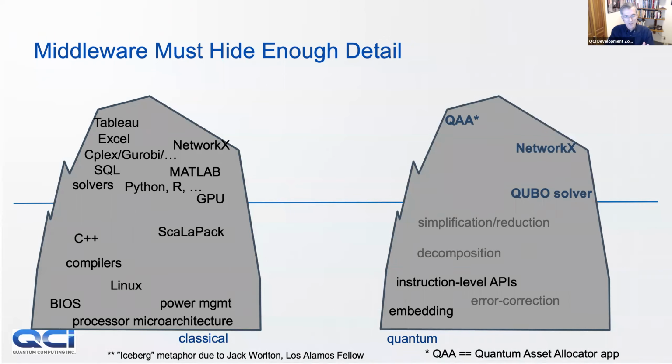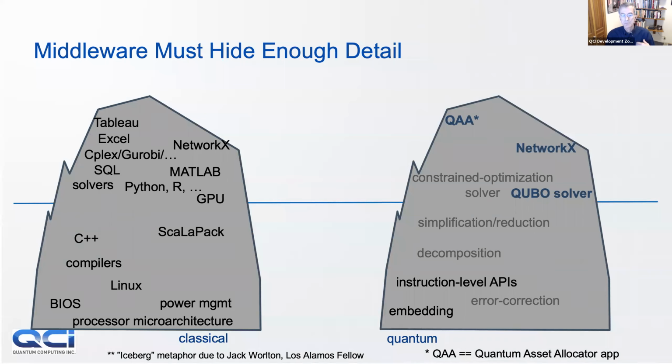You know, I don't want more than 5% of my funds in any particular instrument, or I have to have a certain diversity, or following factors, et cetera. So that's a way that you can actually be a subject matter expert in something completely devoid of quantum computing, and you can use a quantum computer and be blissfully ignorant of those low-level details. So this is one thing that we think is really important, is to hide an appropriate level of detail.